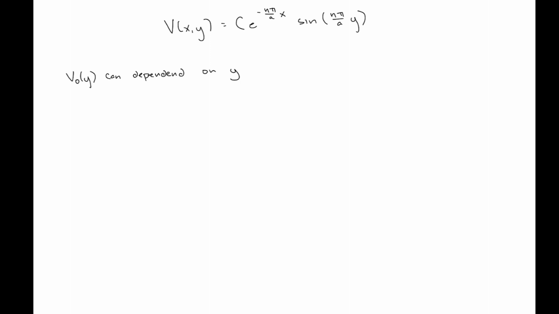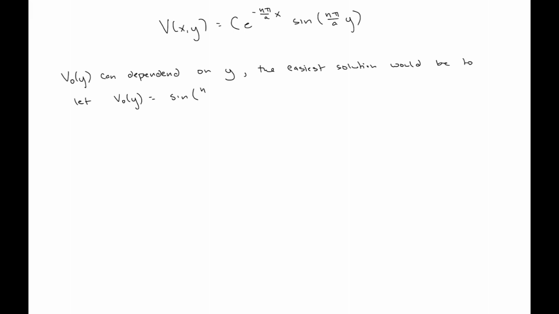An easy solution, the easiest solution would be to let this particular voltage of the hot plate be equal to the sine of n pi over a times y, or some multiplication of that, because then c would just be equal to 1, and we would be happy.